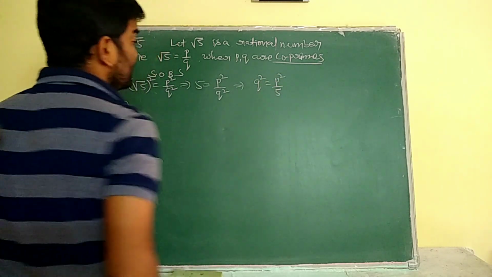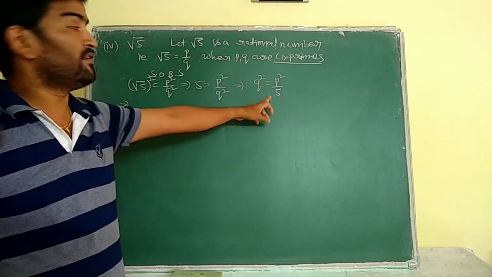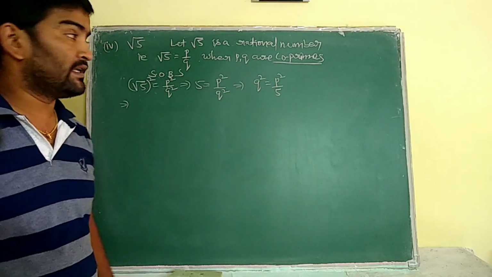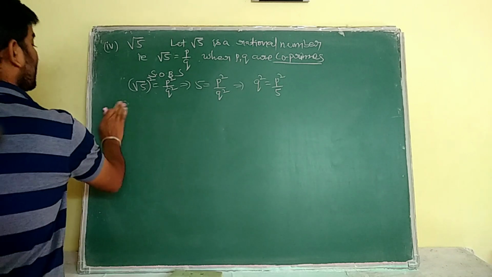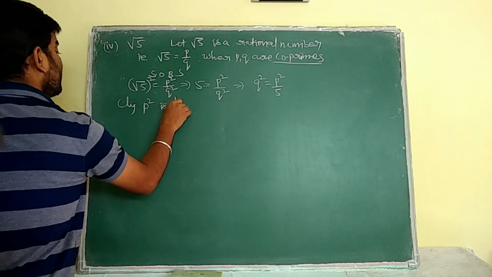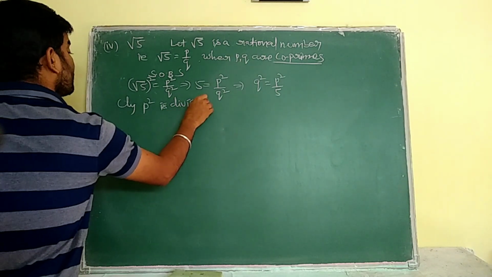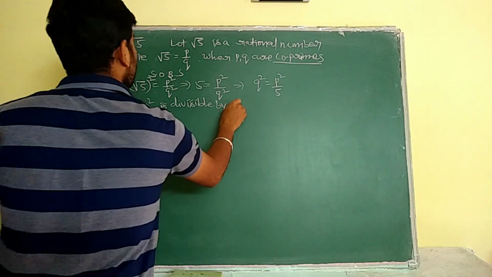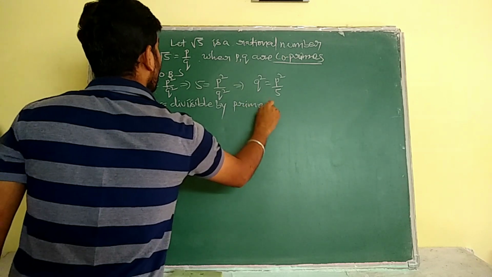So see here, this 5 divides p square exactly. Why? Because here we obtained q square. That means clearly p square is divisible by prime 5.